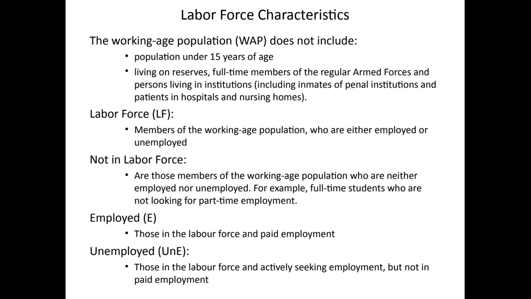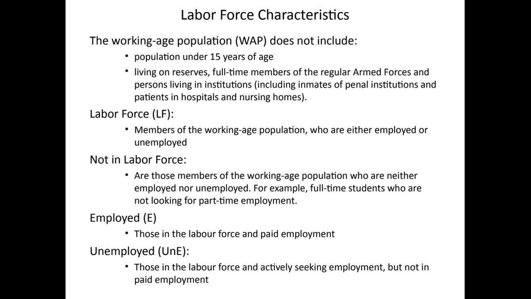Once you know all these characteristics, all these definitions, that is working age population, labor force, not in labor force, employed, and unemployed. And remember, there are two categories for employed workers. The first one is those who are working full time, the other, those who are working part time.